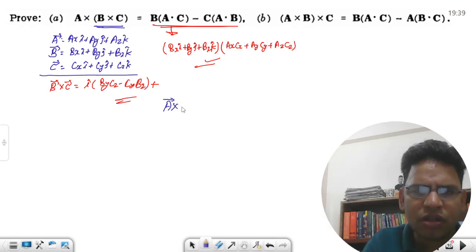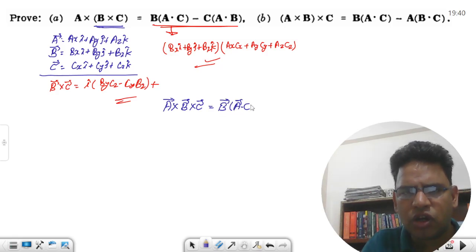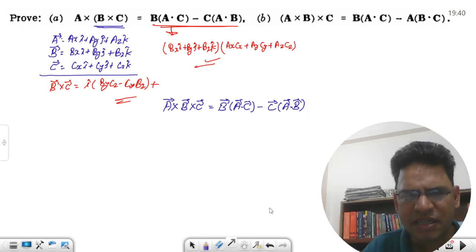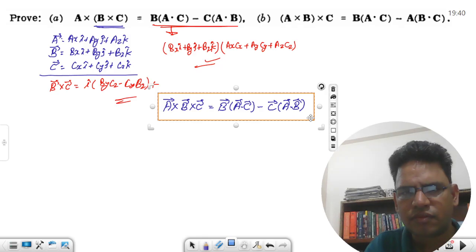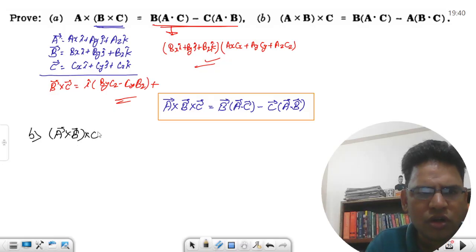Now, let's say you have proved it, A cross B cross C, but you need to remember the result: B vector dot product A dot C, minus C vector dot product A dot B. We can now prove the second one. So for the second equation, if I have A cross B cross C, I have already told you how to prove that. You have to prove it.